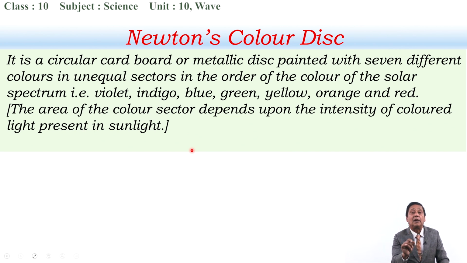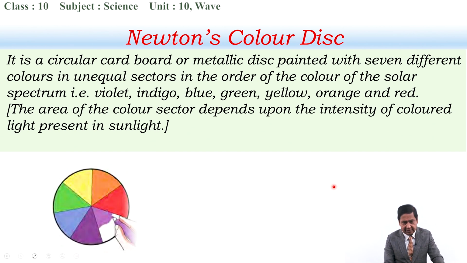The area of the colored sector is different in this Newton's color disk, and it depends upon the intensity of light present in white light or sunlight. Okay, it appears like this. This diagram is given in your book also, that's why I am showing this diagram. And how does this Newton's color disk prove that sunlight is made up of 7 different colored light?